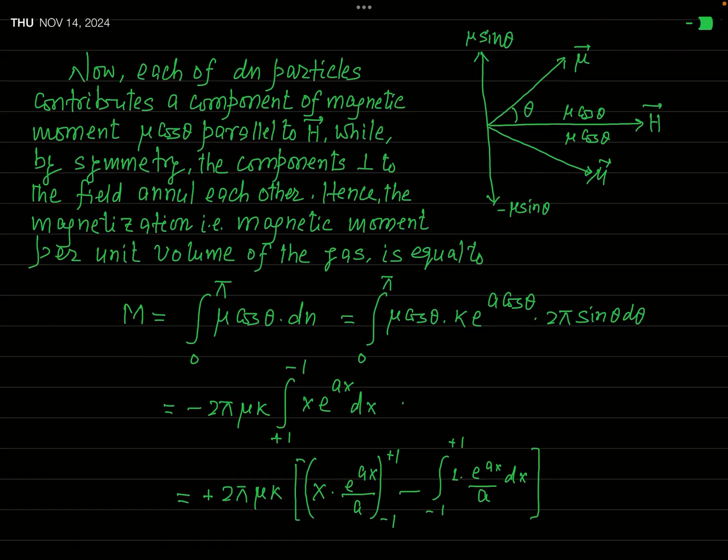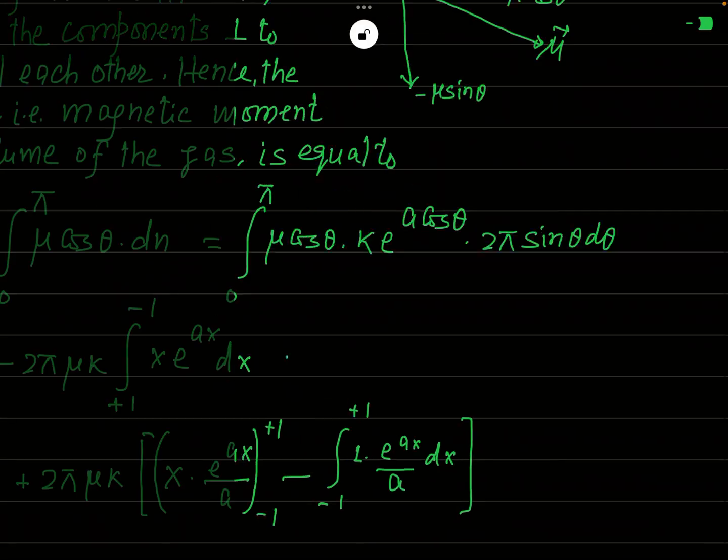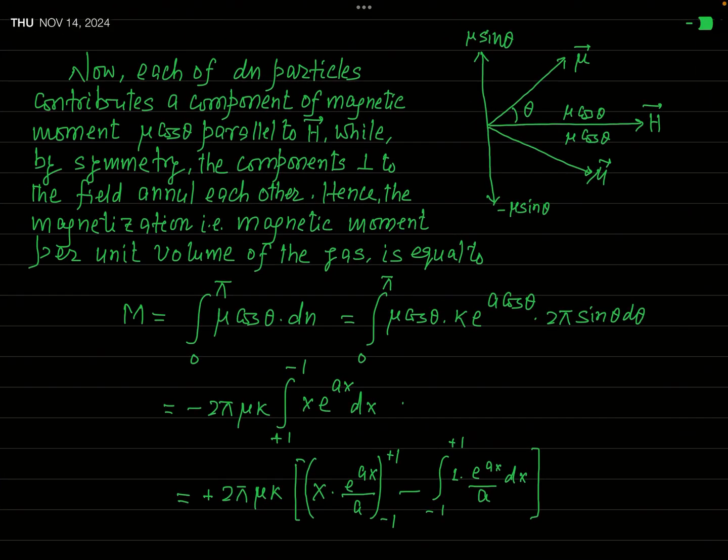Let us consider that this is one of the atomic dipoles having magnetic dipole moment μ, making an angle θ with H. When you resolve this μ into its components, you can see this μ cos θ is its component along the magnetic field H, and this μ sin θ is the component of μ perpendicular to H.